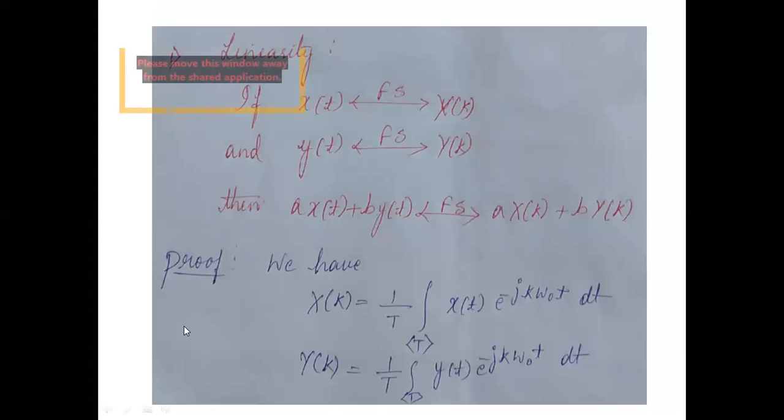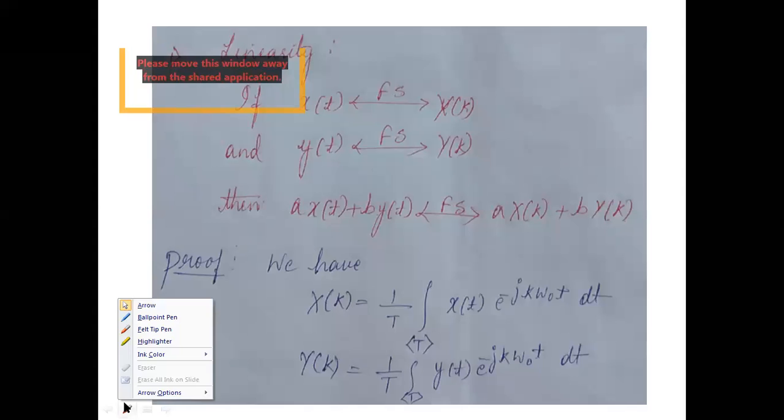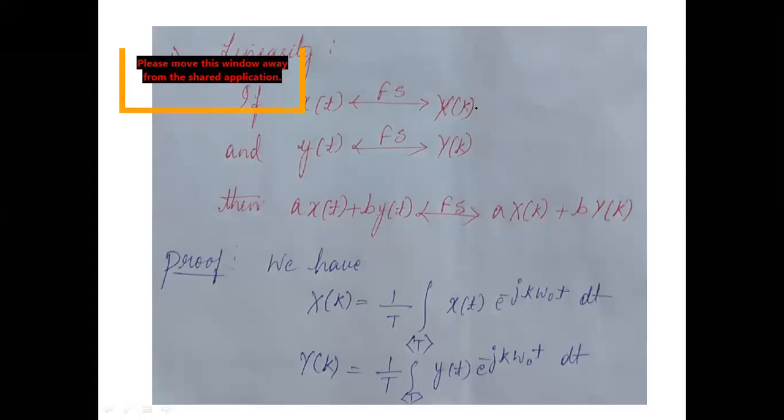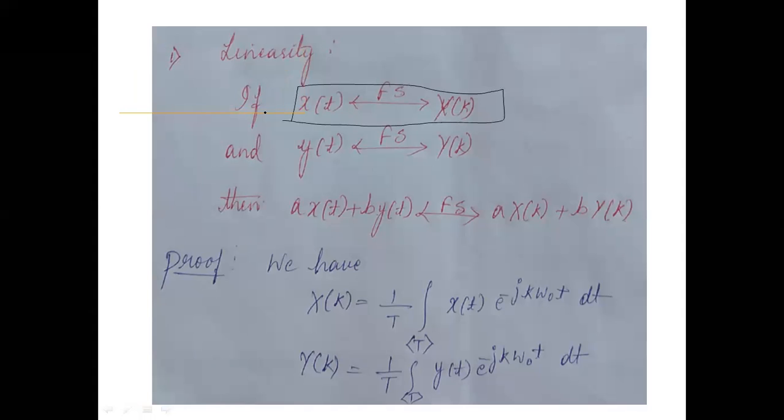The linearity property states that if x of t and X of k form a Fourier series pair, and if y of t and Y of k form a Fourier series pair, then a into x of t plus b into y of t forms a Fourier series pair with a into X of k plus b into Y of k. This you already know from the properties of the system.